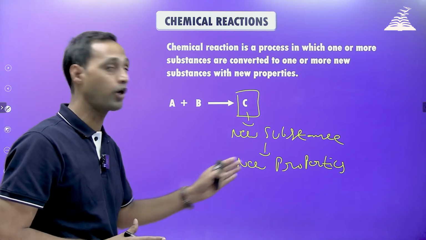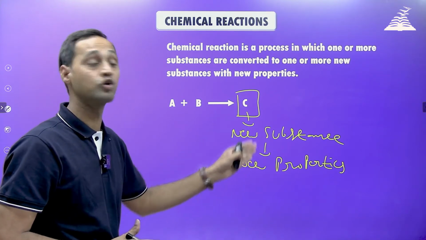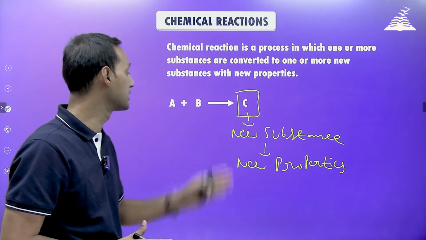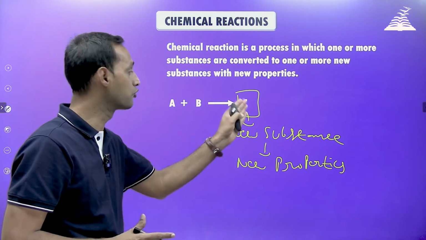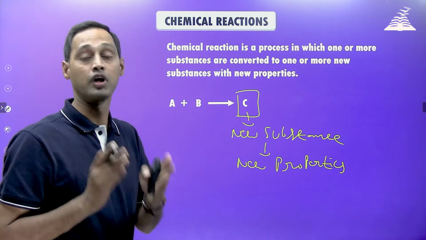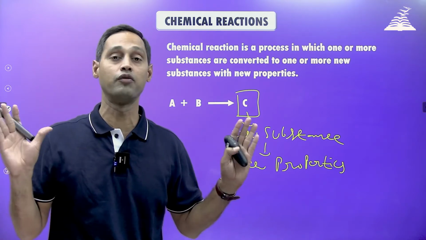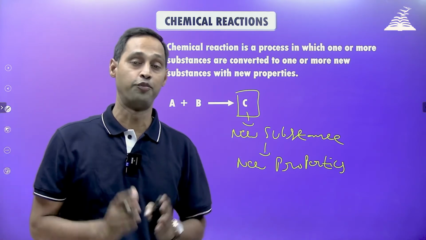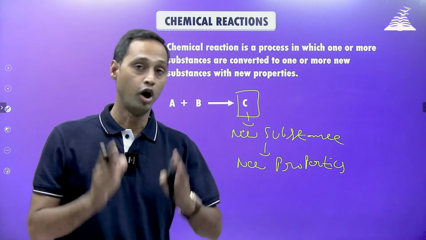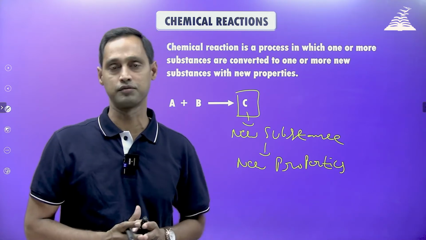Why does it have new properties? Because there is change in composition of the substance. It is neither A nor B. It is a new substance. So remember, in any chemical reaction, a new substance is always formed with a new set of properties, right? I hope you understand what is chemical reaction, right?